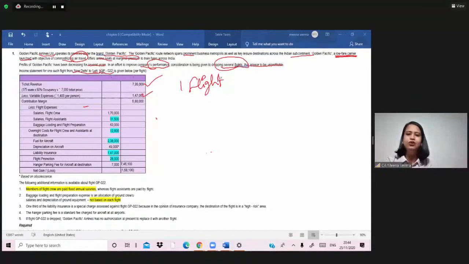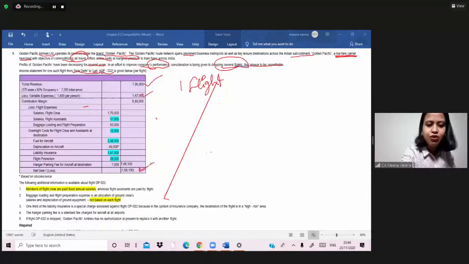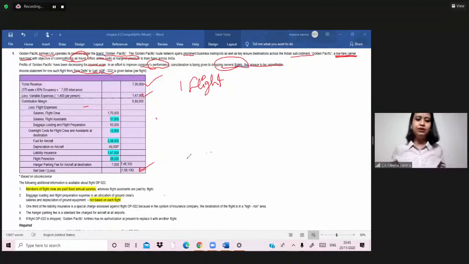They are saying that they are incurring a loss on this flight, and therefore they want to drop it. They don't want to do work related to this flight. They want to drop this flight because they are saying it is not profitable.